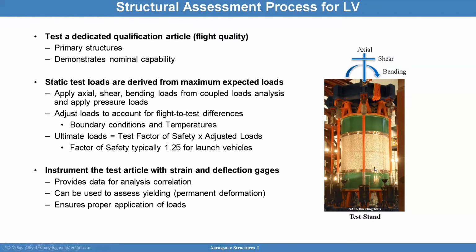Once you've come up with the test loads, and the static test loads again are derived from maximum expected loads, the 99 loads that we discussed, you apply the shear and bending loads from the coupled loads analyses, and you may have to apply internal pressure if it's a pressurized tank. The idea is to adjust to account for flight-to-test differences, boundary conditions, and temperatures, and then your ultimate loads become the test factor of safety times the adjusted loads.